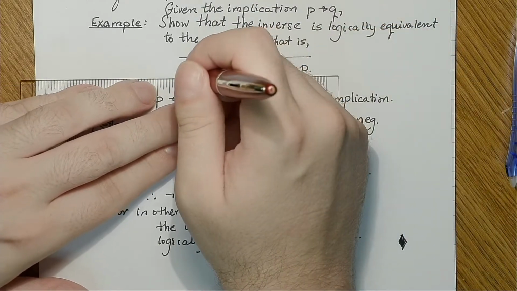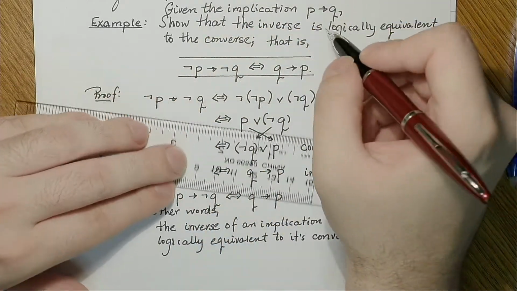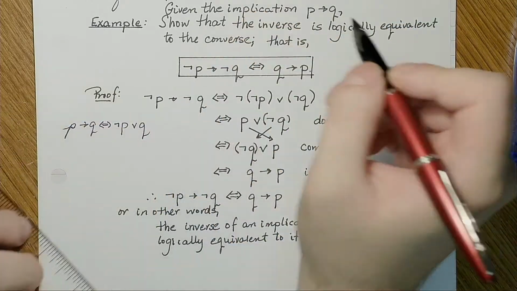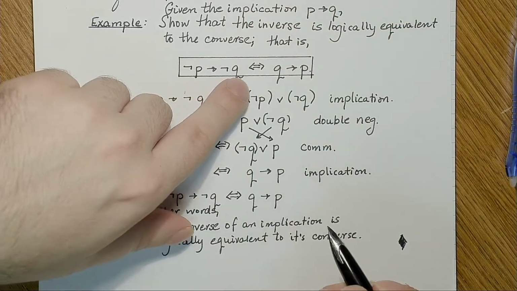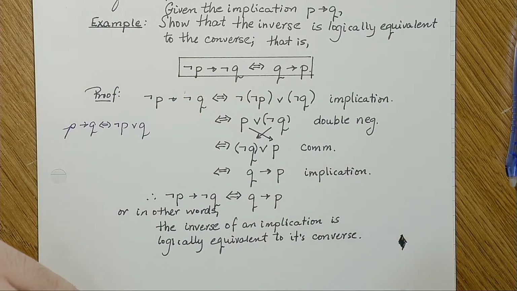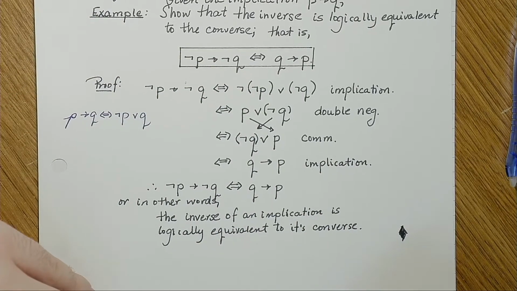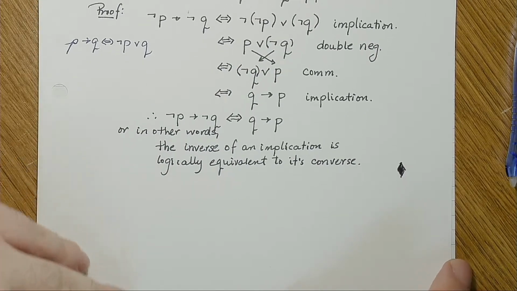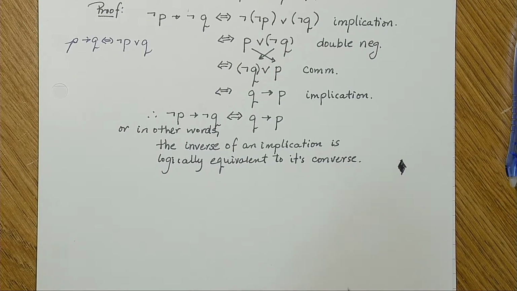We could just give you something like that: Show, using the rules of inference, that not P implies not Q is logically equivalent to Q implies P. Could you give us examples? Yes. These are examples. These could show up on the test.